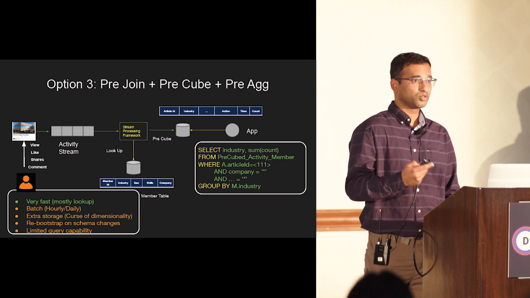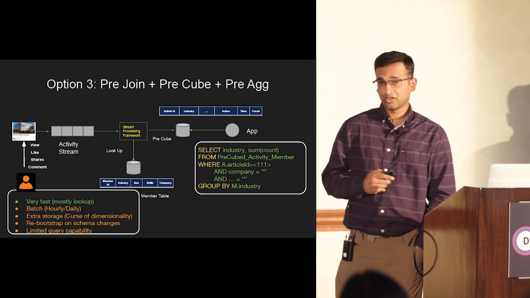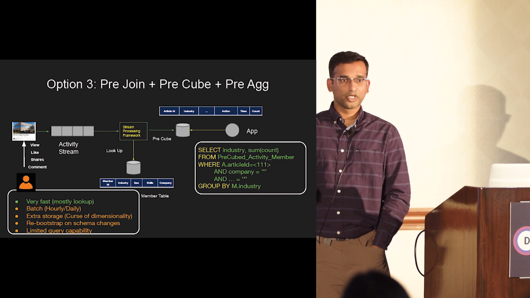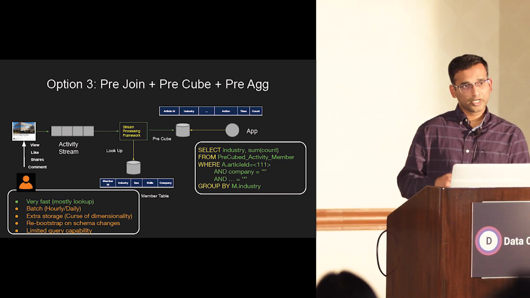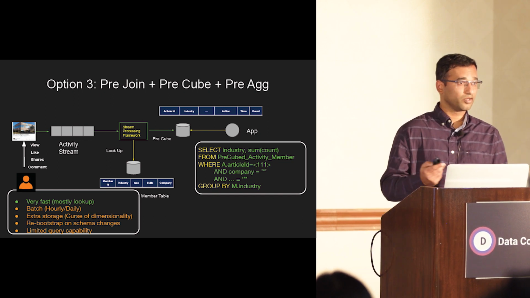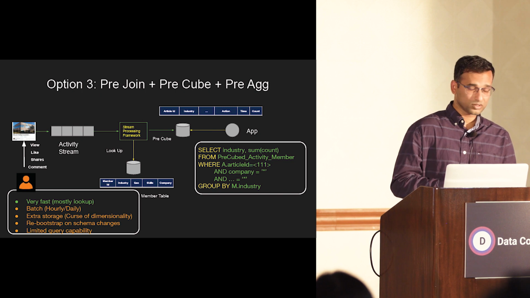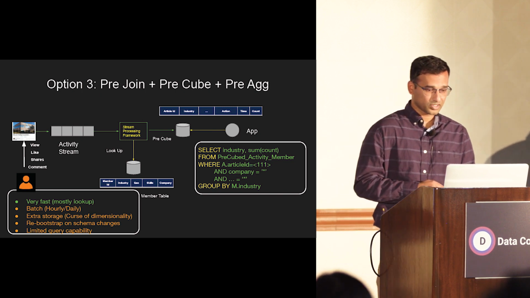For any new dimension, say tomorrow I want to slice by the browser that the user was using, you pretty much have to rebootstrap everything. The query capability is not good either, because you cannot do slice and dice or any kind of complex Boolean expressions. You can just simply do an AND. So it is limited in terms of query functionality.